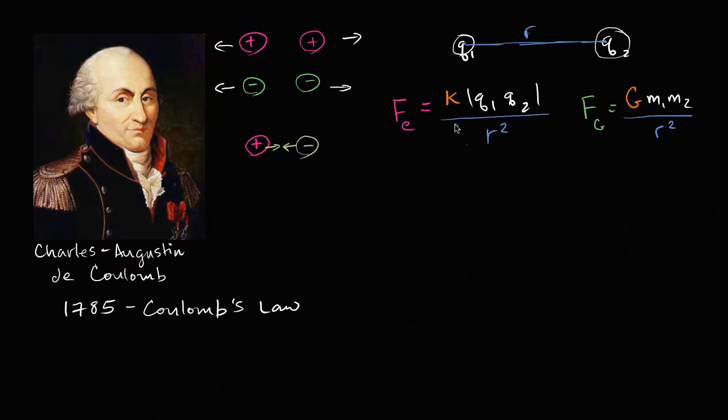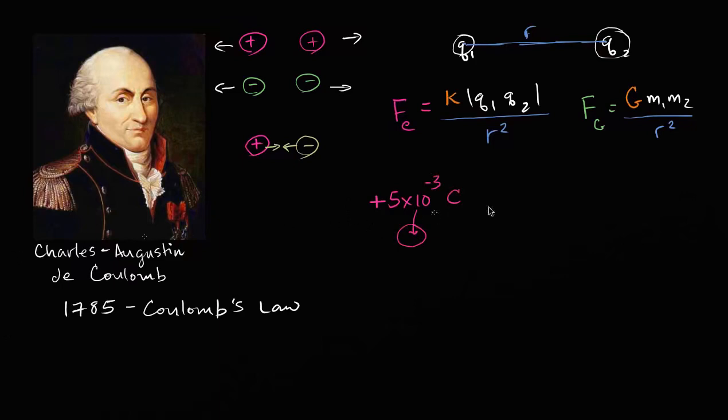But with that said, let's actually apply Coulomb's law just to make sure that we feel comfortable with the mathematics. So let's say that I have a charge here, and it has a positive charge of, I don't know, let's say positive 5 times 10 to the negative 3 coulombs. So that's this one right over here. That's its charge.